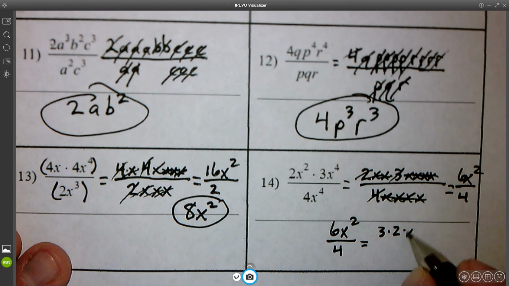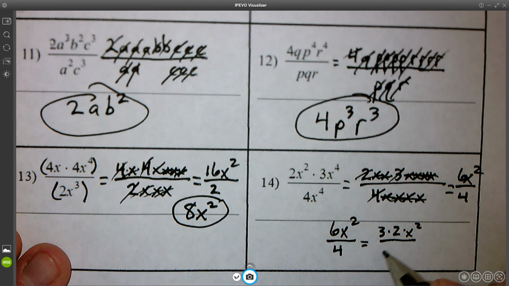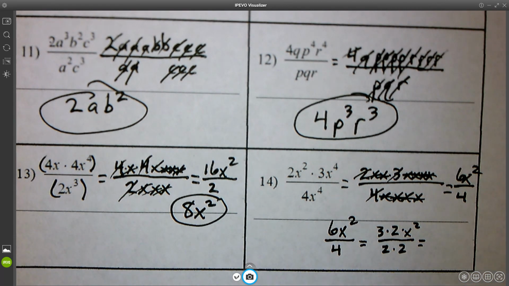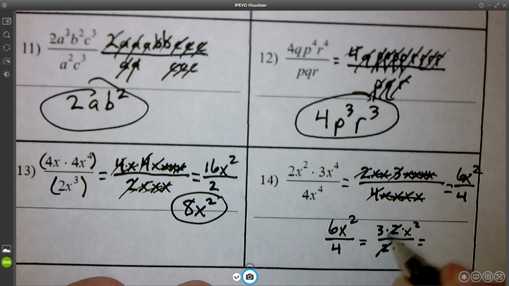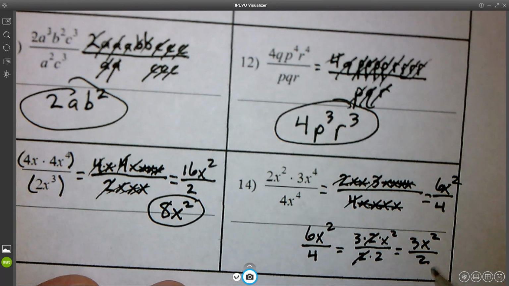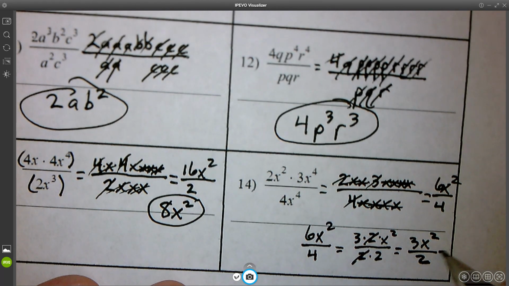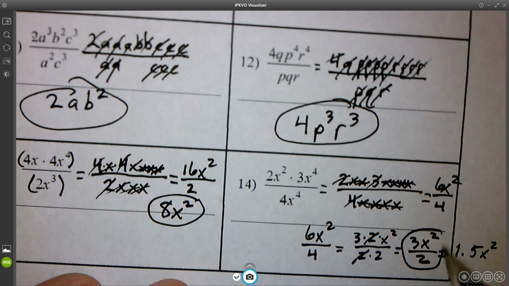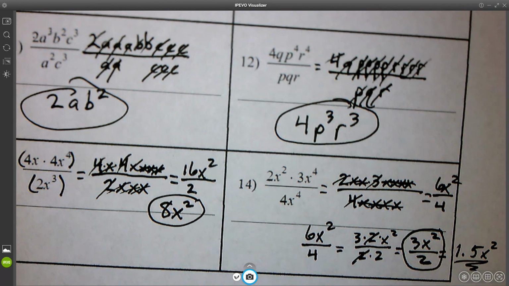Times x squared. 4 is the same as 2 times 2. We've got a 2 on the bottom, a 2 on the top, and now we can just write it out. So this is the preferred answer, or if you put it in the calculator, you're going to get 1.5. So this is what I want. This is okay if you get that instead. Again, if you have questions, email me, please.